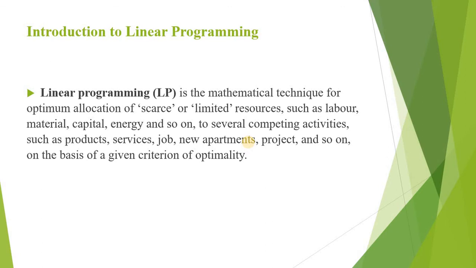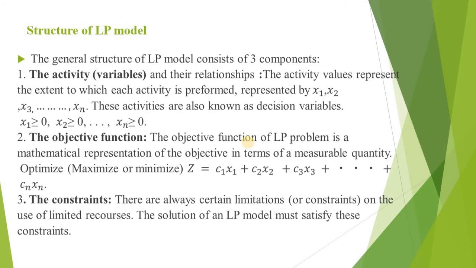A special but very important class of optimization problem is the linear programming problem. Constrained optimization problems have three major components: decision variables, objective function, and constraints. The activity variables, in other words the decision variables, are denoted by x1, x2, etc., xn, and are all considered to be non-negative.